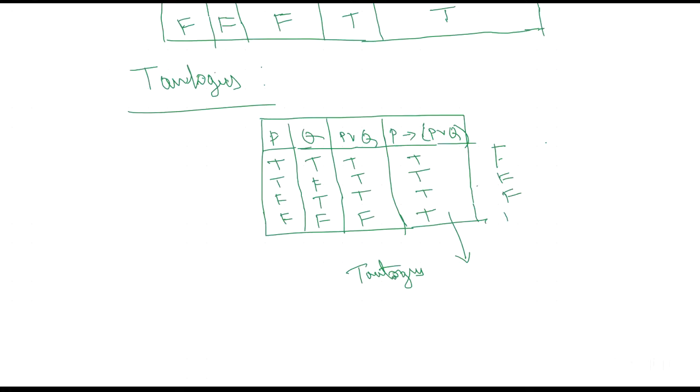This is known as a contradiction. A statement which is always true, no matter what the truth values of the propositions are, is called a tautology.